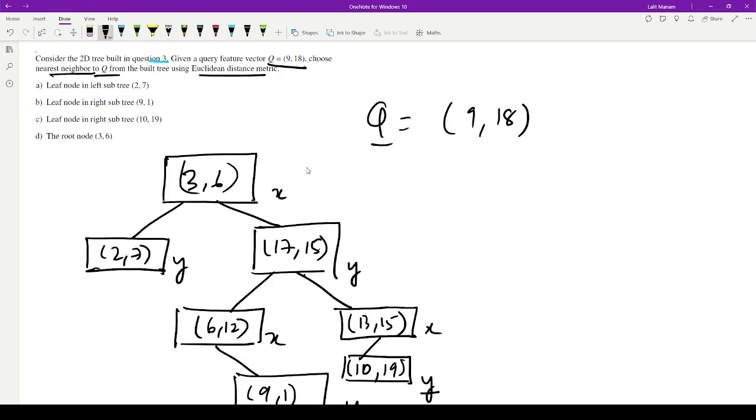So first we'll check with this one. How does it go? 9 minus 3 is 6 square. The distance here will be 6 square plus 18 minus 6 is 12 square. How much is this? 144 plus 36, 180.